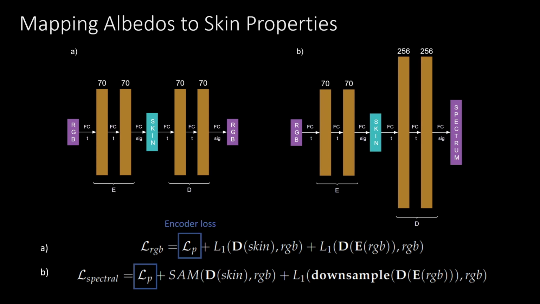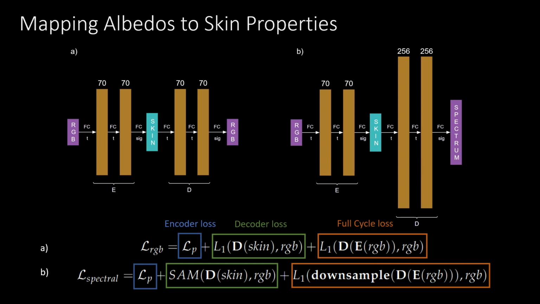If we focus on the losses for each case, both networks share the same skin parameter loss in the encoder E, defined as LP. It is simply the mean square error of the ground truth skin properties versus the estimated properties from the input albedo. However, the rest of the terms are different between network A and B. For network A, this is the RGB mapping.